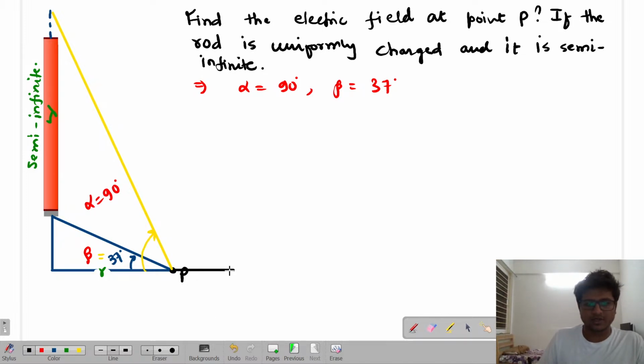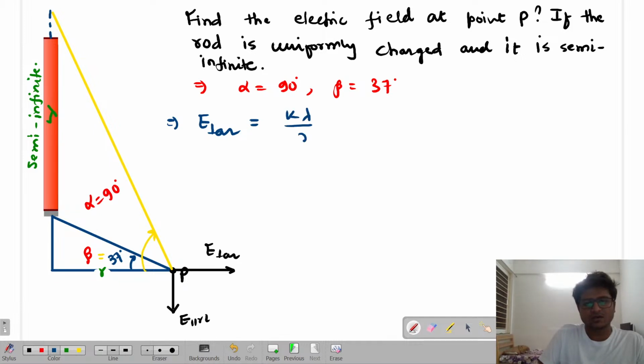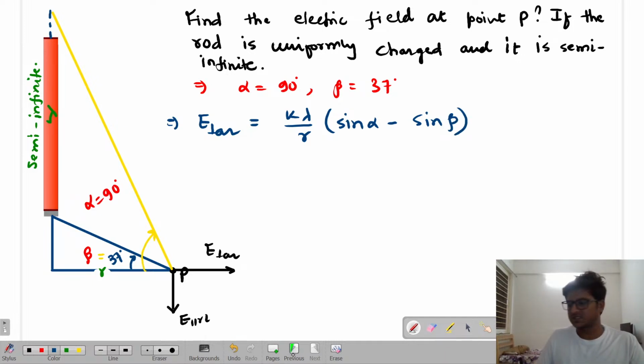So this is E perpendicular and this is E parallel, isn't it? So how much will E perpendicular be? In this case, E perpendicular is written as k lambda by r (sin alpha minus sin beta), that is our formula.